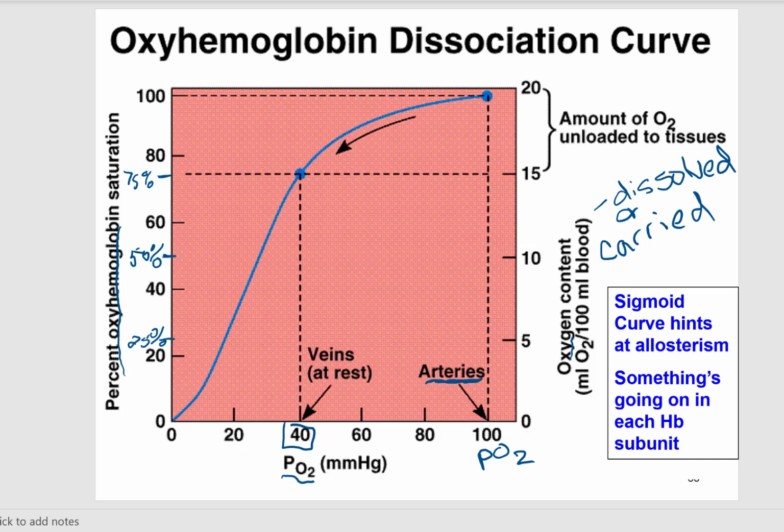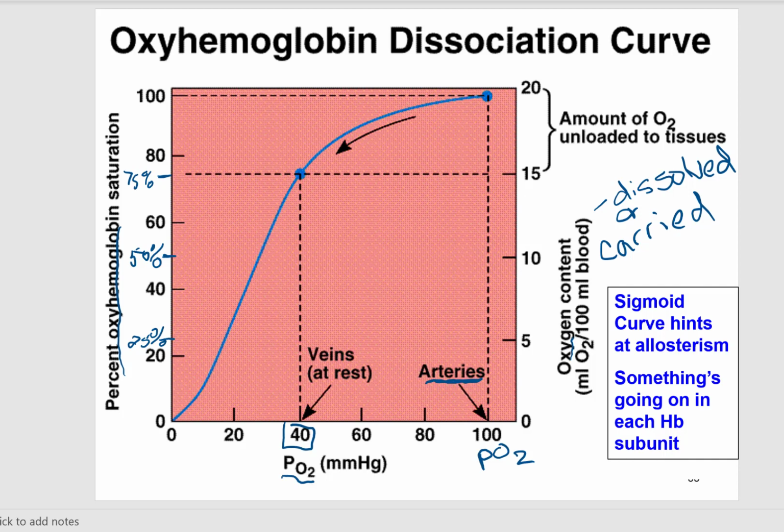Significantly more oxygen is carried by your red blood cells than the oxygen dissolved in your plasma. In fact, the amount of oxygen dissolved in your plasma is about 0.3 milliliters for every 100 milliliters of plasma.